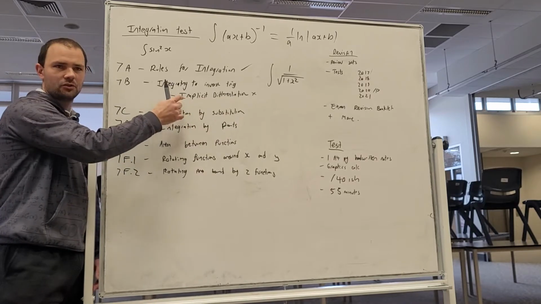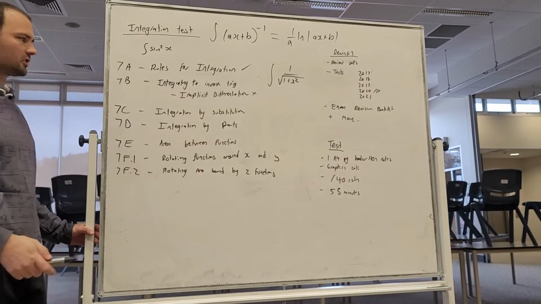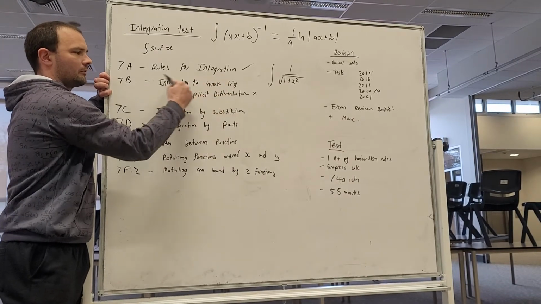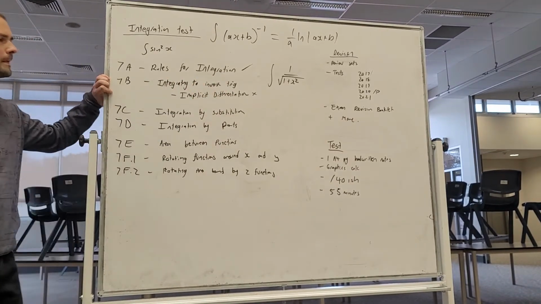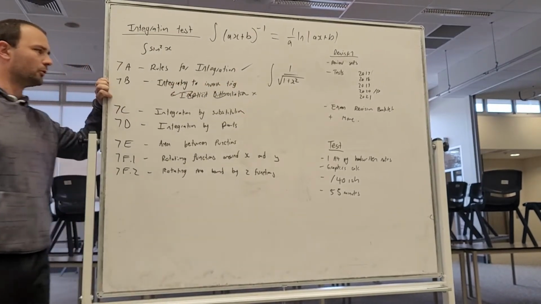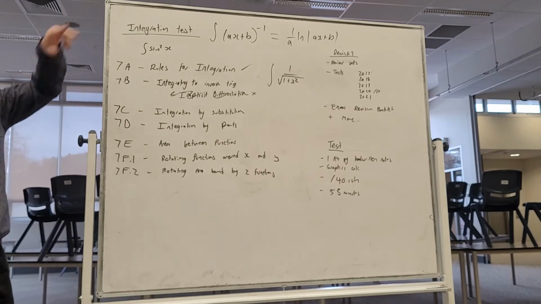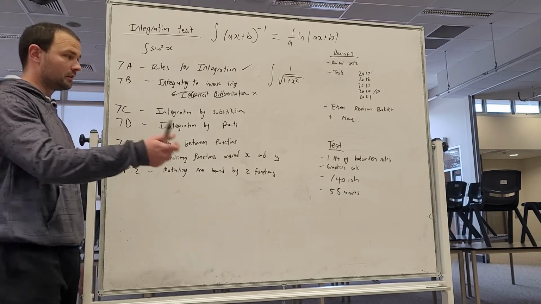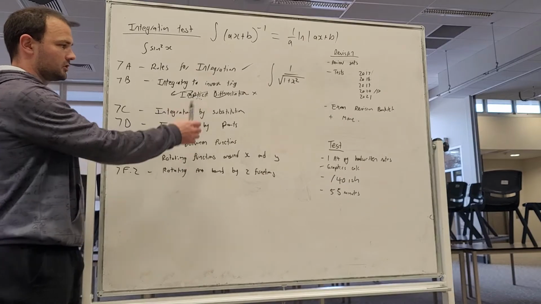It's not a particularly challenging skill, but it's the link to how we arrive at those rules. You won't be required to prove them, but you will be required to integrate to them. So there's a hint: any questions in the exam booklet that have implicit differentiation, you won't need.